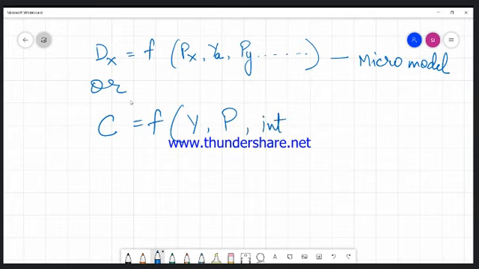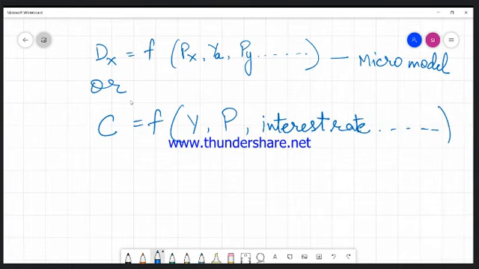Interest rate, or like that. Okay, I hope it is clear now. Yes, ma'am. Any other question? Rishabh, have you raised your hand?